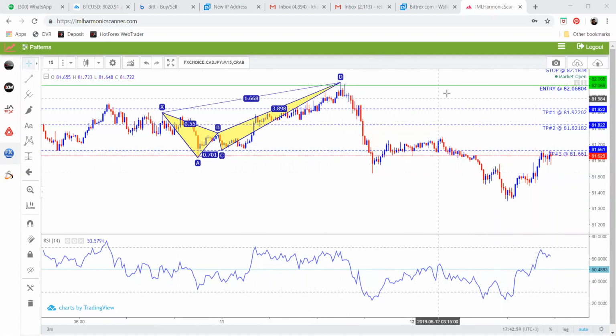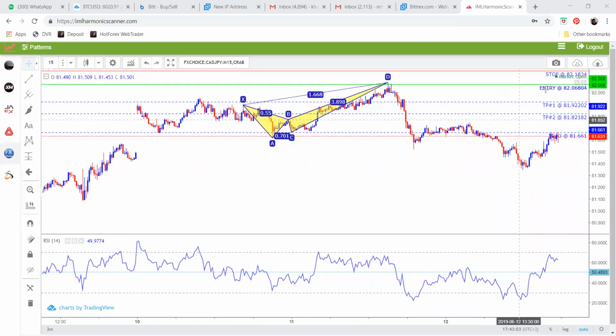A simple way to remember it: when you see stop loss, entry, take profit, SET, you're looking for sells. If it was the other way, TES, then you were looking for buys.